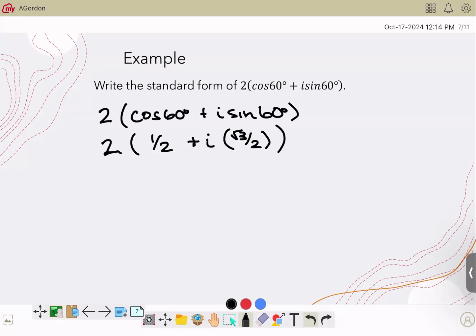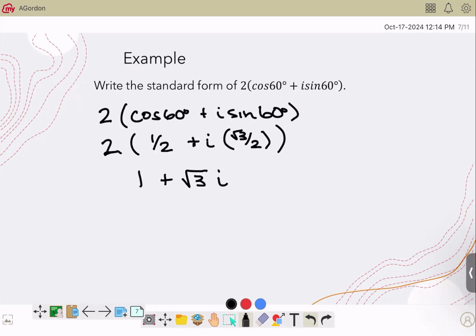And for this problem, I think I'm just going to go ahead and distribute the 2. That's a little easier than trying to add here. 2 times 1/2 is just 1. And 2 times this i times the square root of 3, the 2 is going to cancel the 2 in the denominator. So I'm going to get the square root of 3 times i, or i times the square root of 3.